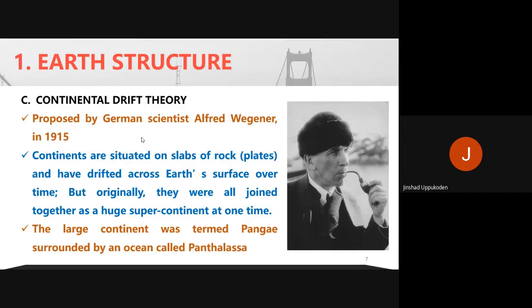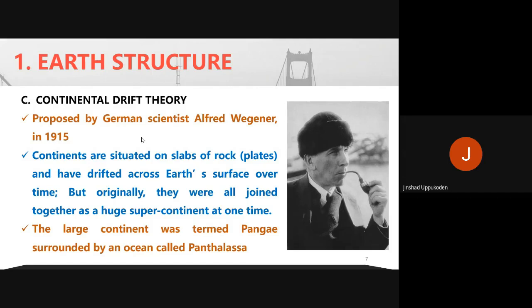When it solidified, major parts of the Earth were one large body mass. Later, this body mass split and moved into different areas.